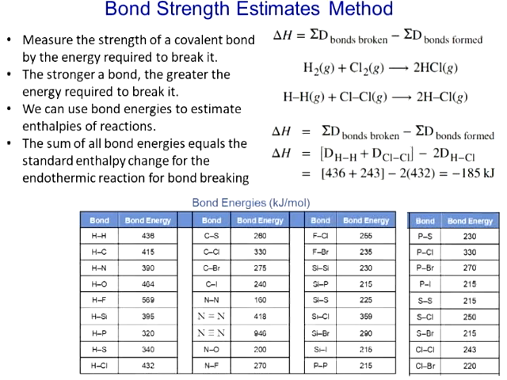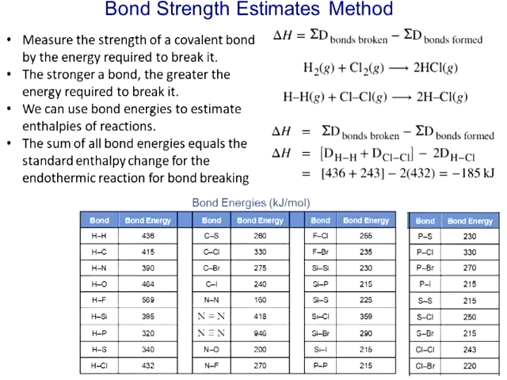So if we take the values from a standard table, we put them into the equation. We have the hydrogen at 436 kilojoules plus the chlorine at 243 kilojoules, noting that it requires more energy to break a hydrogen bond than it does a chlorine bond. That's minus 2 times the 432 kilojoules, which is the energy in a hydrogen chlorine bond.